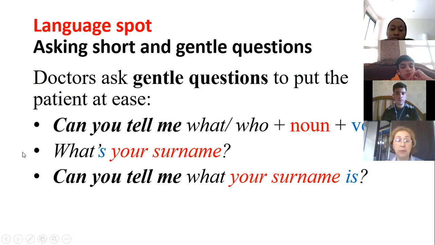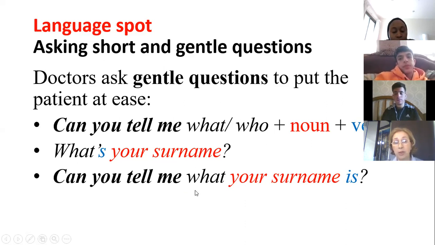For example, a direct question can be, what's your surname? Surname is the noun, and the verb, what is your surname, is used before the noun. But if we use a complex sentence, an indirect question, the order of words should be different.